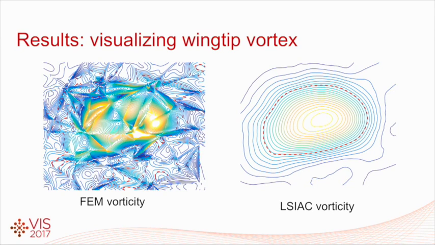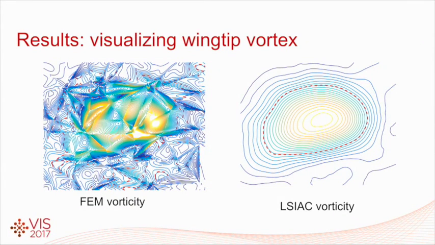We can clearly see line-SIAC has iso contours which are continuous and concentric, and this is in line with how the physics of the vorticity looks.